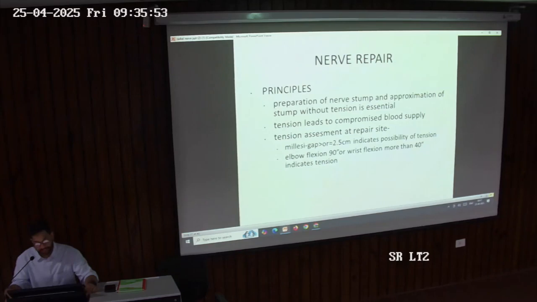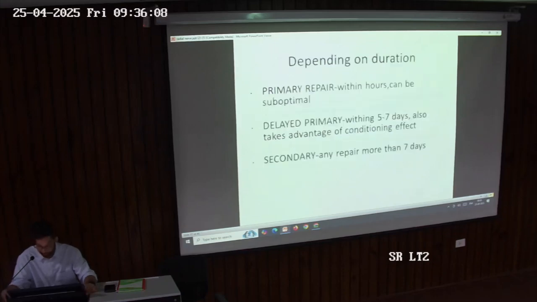Millesi gap is the gap in which the nerve cannot be repaired even after stretching of the nerve. A gap greater than 2.5 centimeters indicates possibility of tension. Primary repair is done within hours, which helps a lot. Delayed primary is within 5 to 7 days, and secondary is more than 7 days.